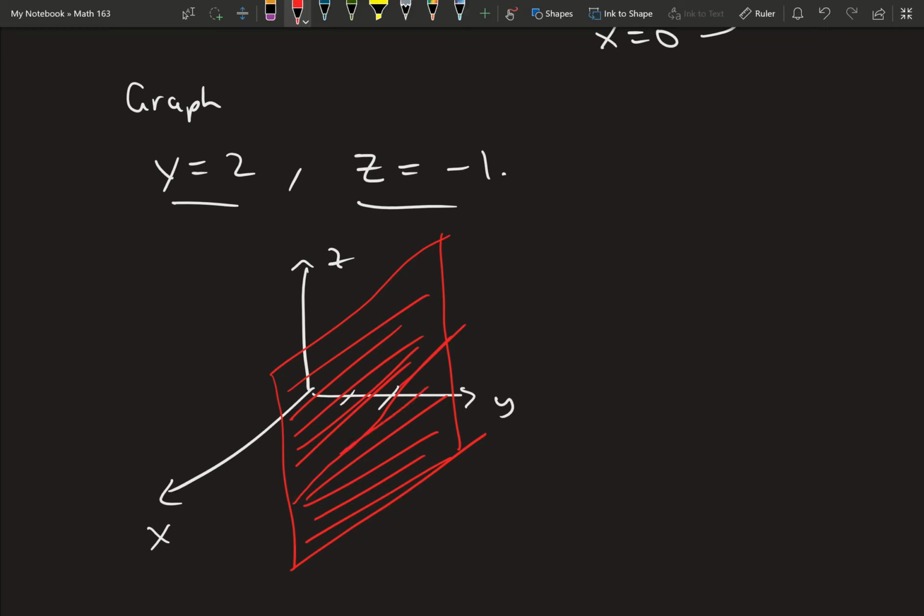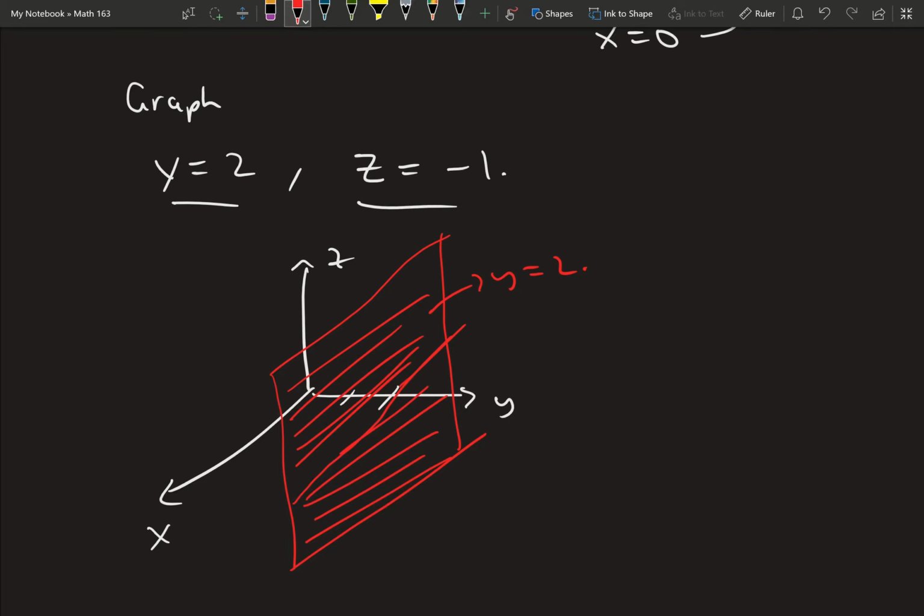And again, I apologize for the drawing here. If you want to see y equals 2 in a nice way, you can check out the GeoGebra site. But essentially, you can think of a knife slicing along the y equals 2 plane, and everything it slices is included in this graph, y equals 2. So this is y equals 2.